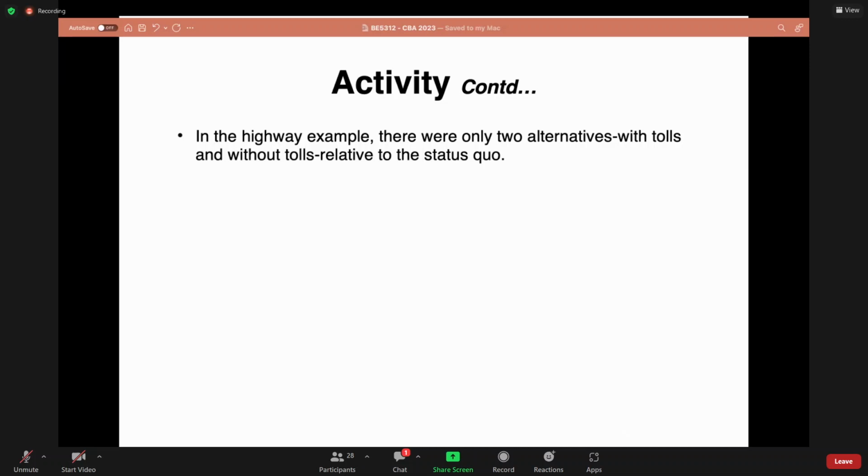So the other thing that's interesting here, in this example, we identify two main alternatives. We can either build the highway with tolls, with a charge, or without tolls, relative to the status quo. But in reality, there can be many other alternatives, isn't it?